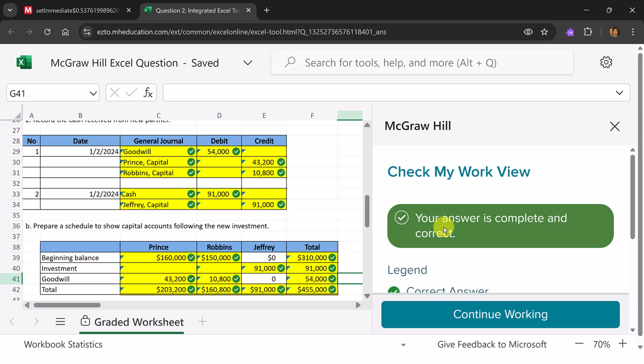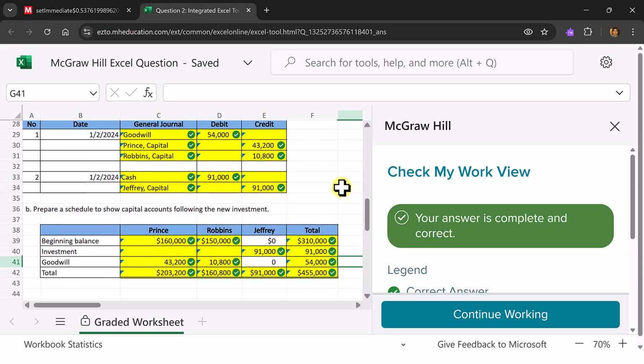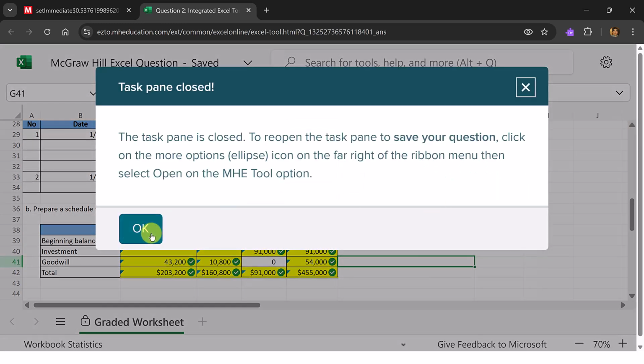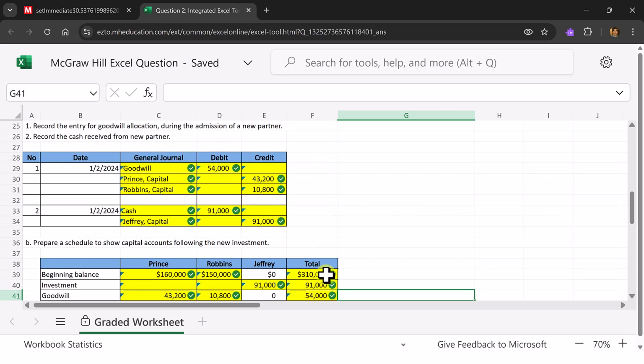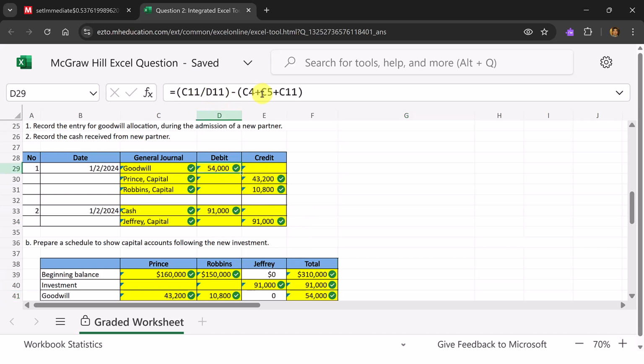Looks good. Let me show you a trick. If you want to see a formula, you generally have to click on it, and then you can see it in the formula bar up here. But if you want to see the formula within the spreadsheet itself, on your keyboard, hold down the control key and the key to the left of the number one key, right above your tab key, I think they call it accent or tilde.